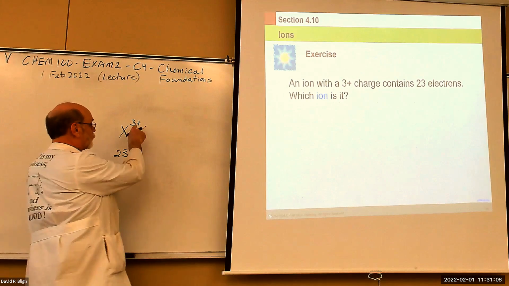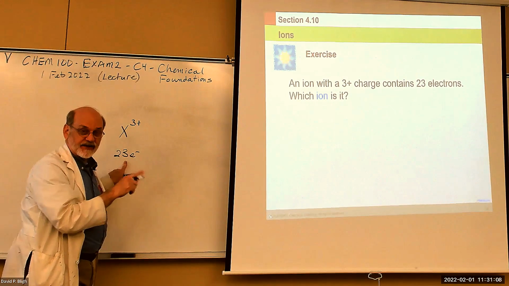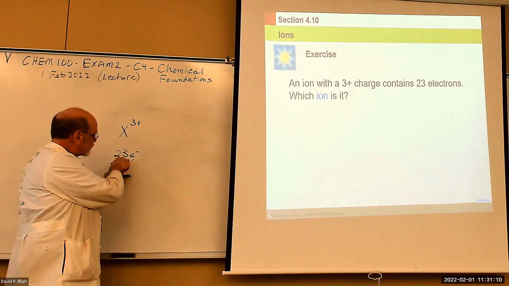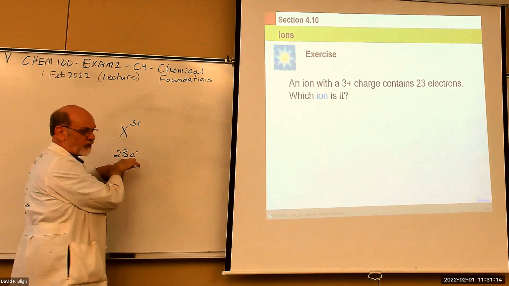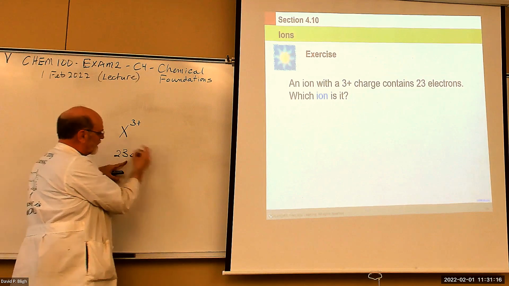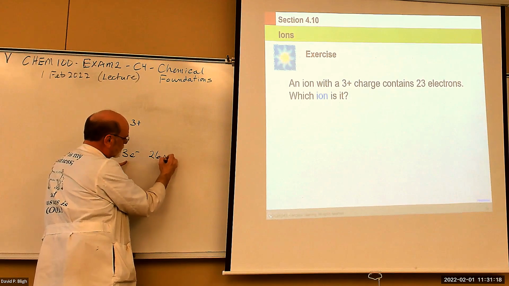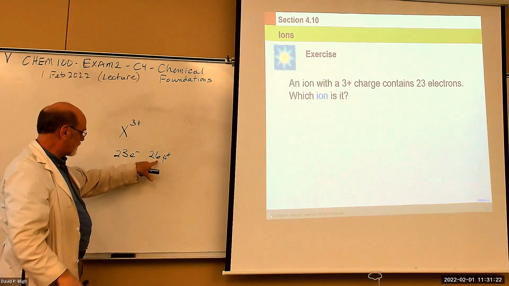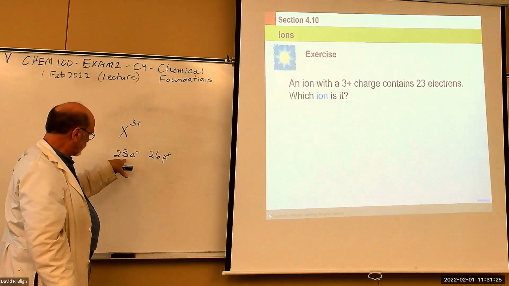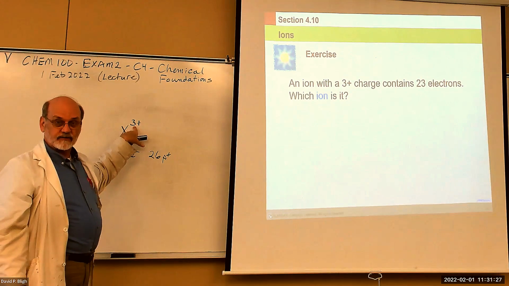Right? It has to have 3 more protons than it does electrons. So if it has 23 electrons, but it needs 3 more protons to make it 3+, that means it has 26 protons, right? Add these together. 26 minus 23 is 3+, right?